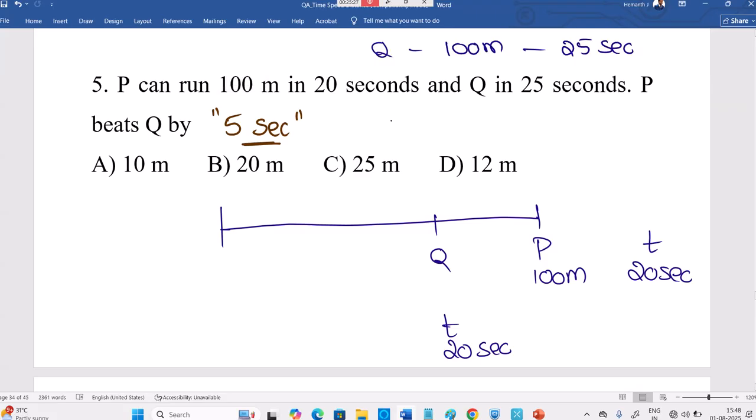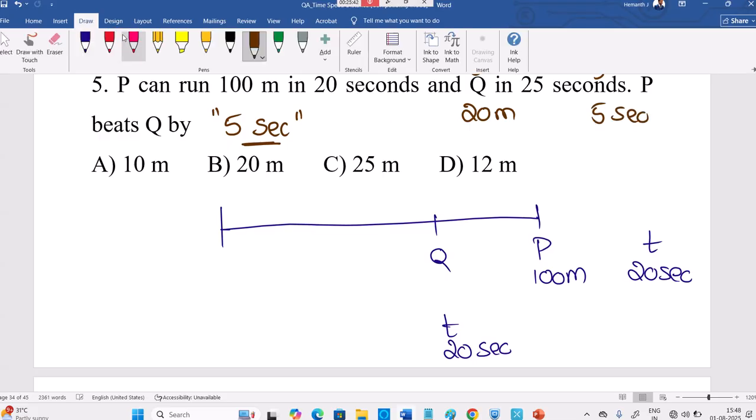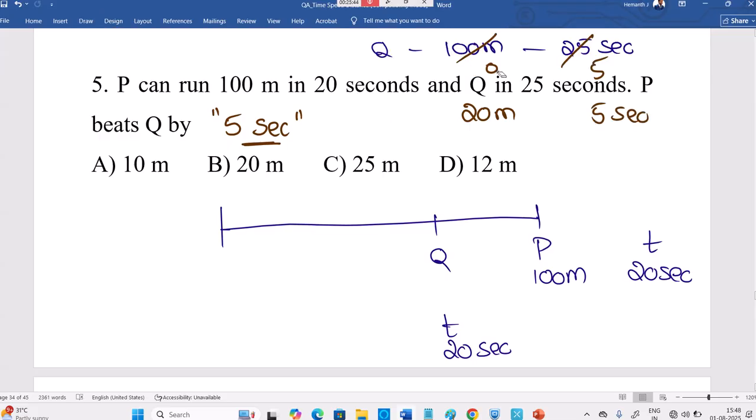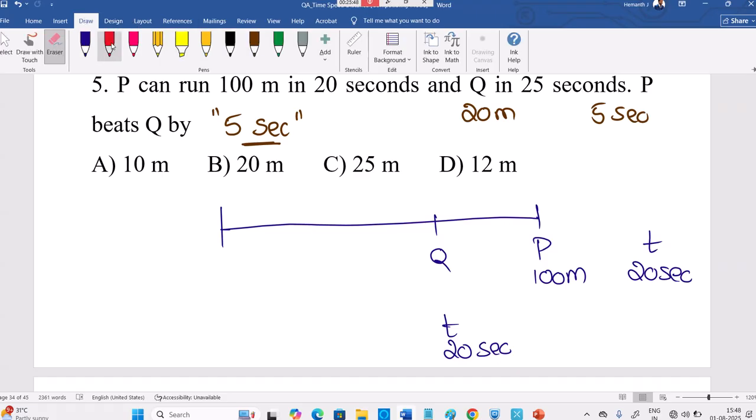Now I divide this by 5. 5 times 5, 25. 20 times 5, 100. In 25 seconds, 100 meters. So in 5 seconds, 20 meters. You subtract those. In 20 seconds, how much distance can Q travel?